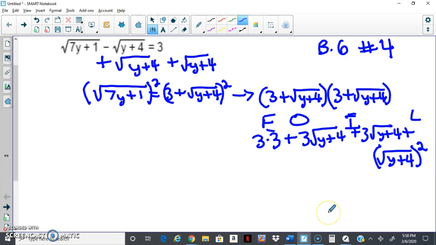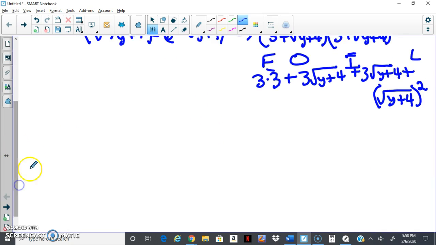Okay, so then if we simplify this, let me move this down a little bit. Our first becomes 9. Our inner 2 we can put together, so we get 6 root y plus 4 plus, and then this y plus 4 square root squared, the square root and the square cancel each other, so we get y plus 4.